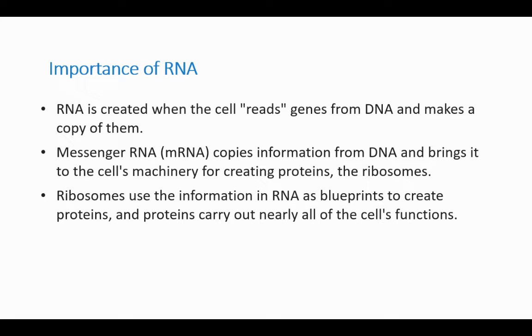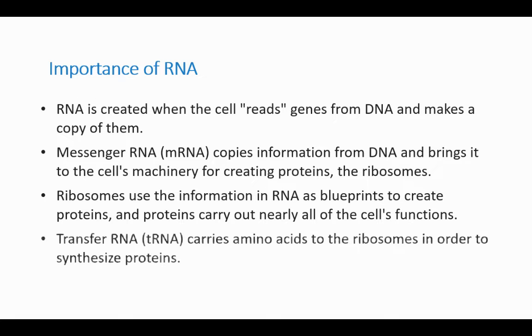The ribosomes use the information in RNA as a blueprint to create the proteins that carry out nearly all of the cell's functions. And the last one is the transfer RNA, which carries the amino acids to the ribosomes in order to synthesize proteins.